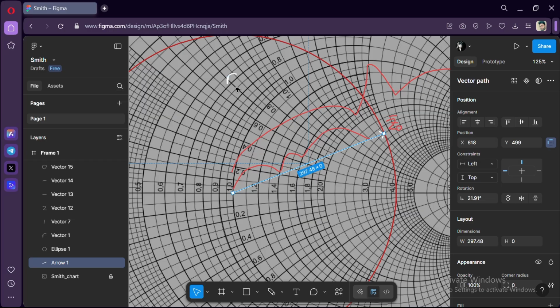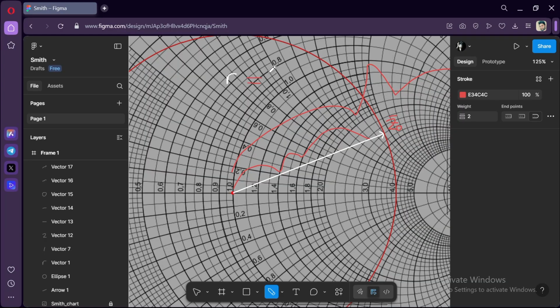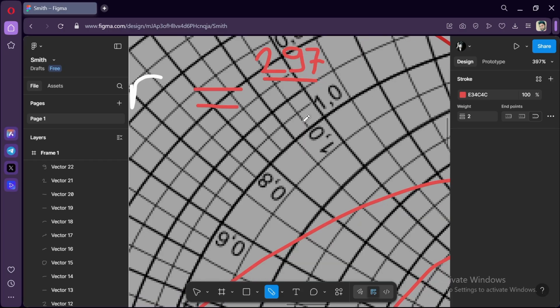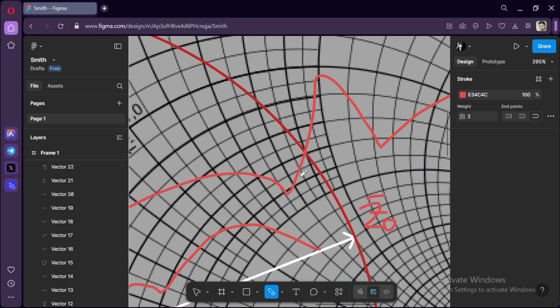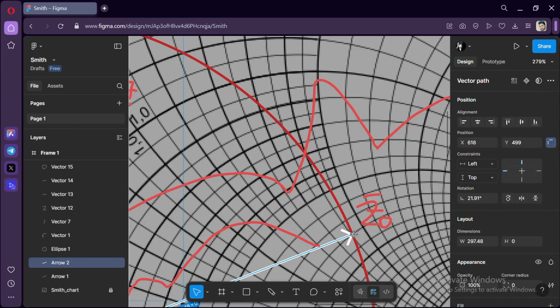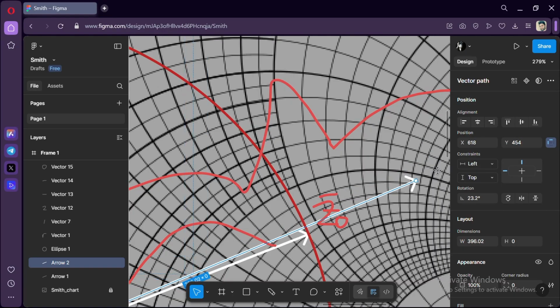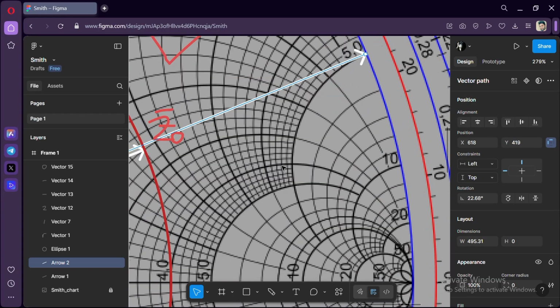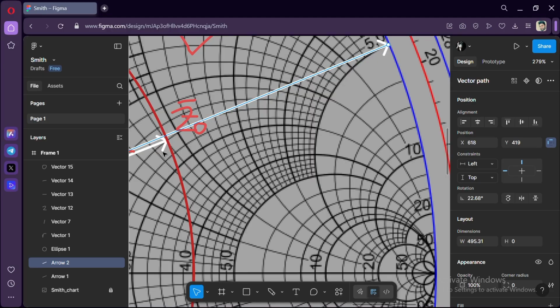Okay, and we also need the length of this.